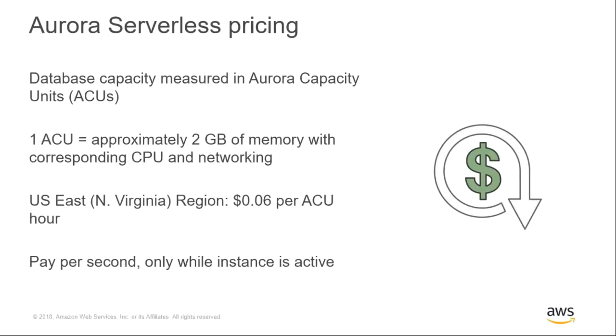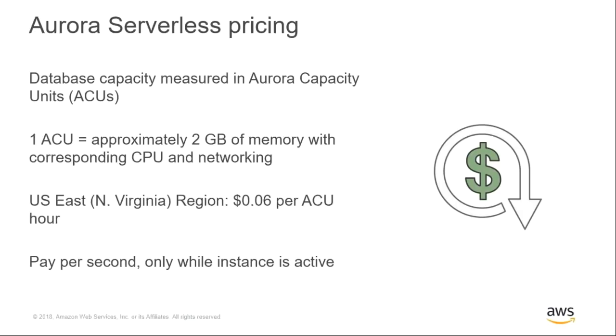So an ACU is of course based on some kind of hardware metric, but for you as a user, it's a more abstract concept that gives a measure of how many resources you're using without having to worry about exactly how much memory that represents and how many CPUs it has.